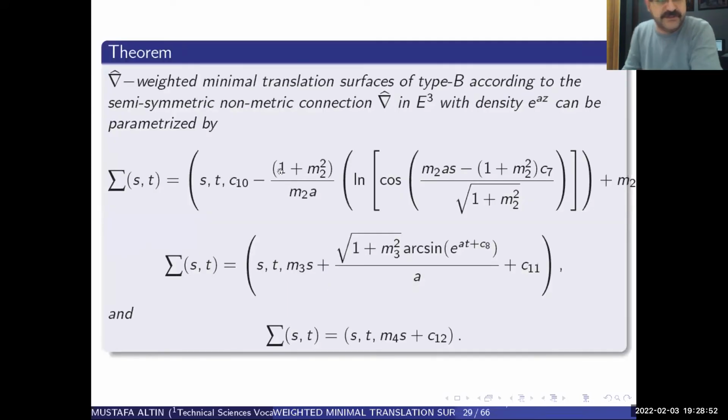For type B, weighted minimal translation surfaces of type B according to the semi-symmetric non-metric connection in Euclidean three-space with density e^{az} can be parameterized by these surfaces.